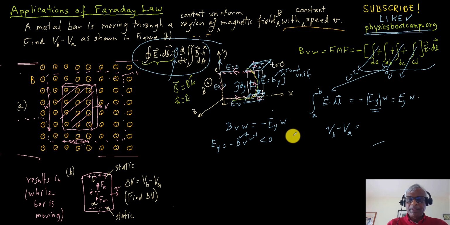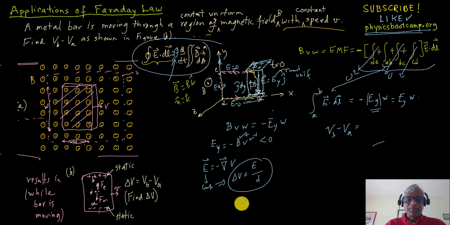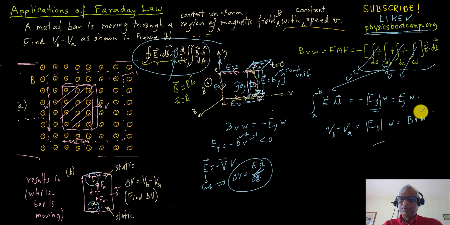Remember that E equals minus del V, and if this is constant, then delta V is just E times the distance over which it acts, E times D. So it will be EY, with B the positive part and A the negative part, times W, and this is going to be BVW.